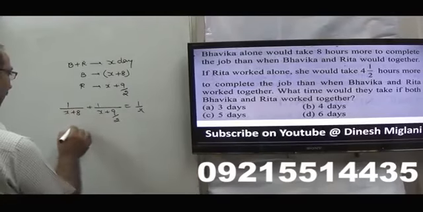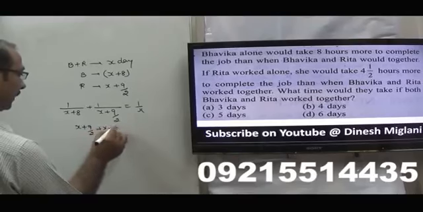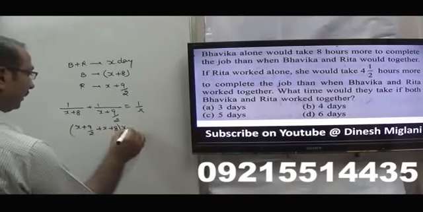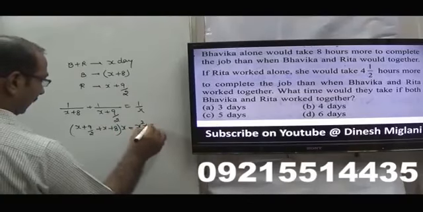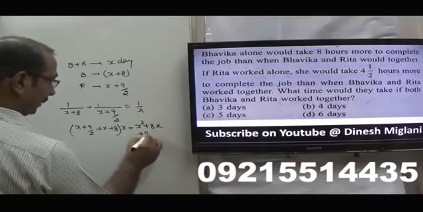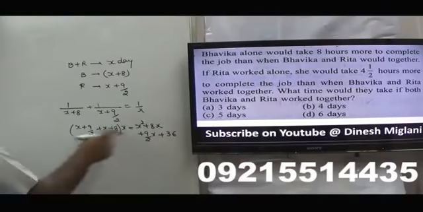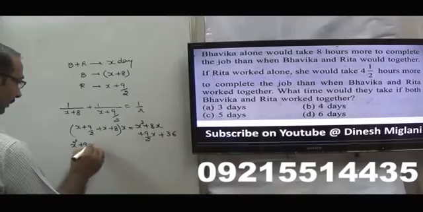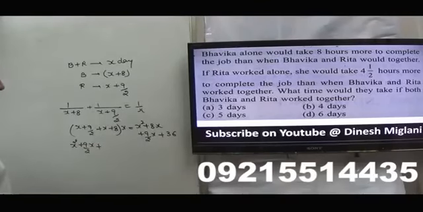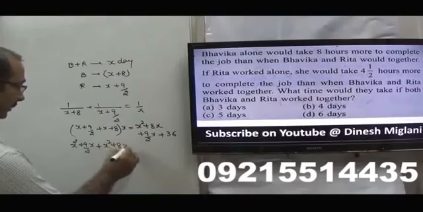So that would be x plus 9 by 2 plus x plus 8, into x, and here I can multiply both. That gives me x square plus 8x plus 9 by 2 x plus 36. Now multiply x square plus 9 by 2 x plus x square plus 8x.